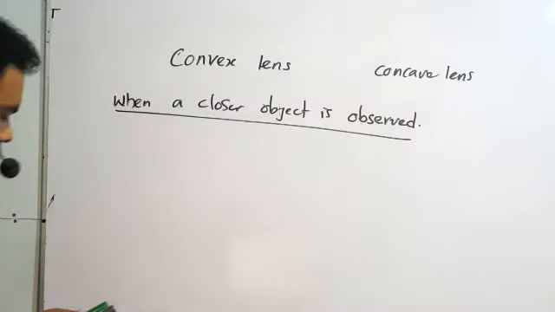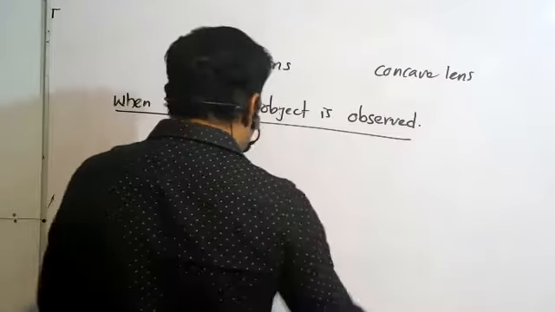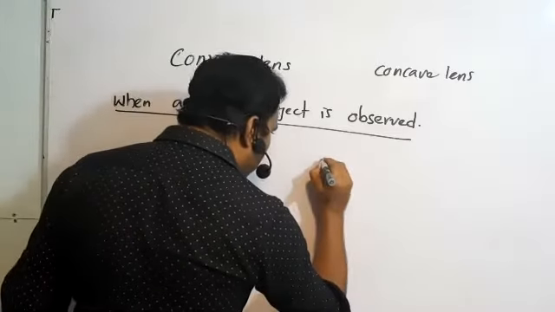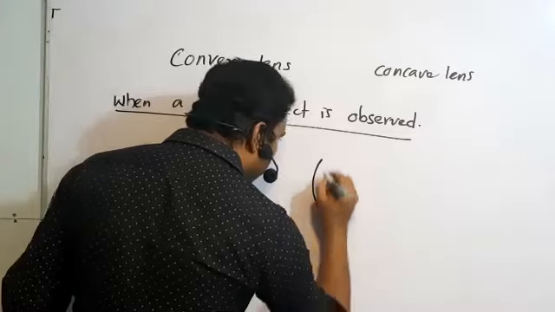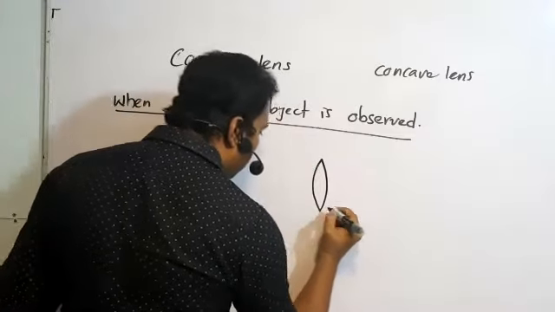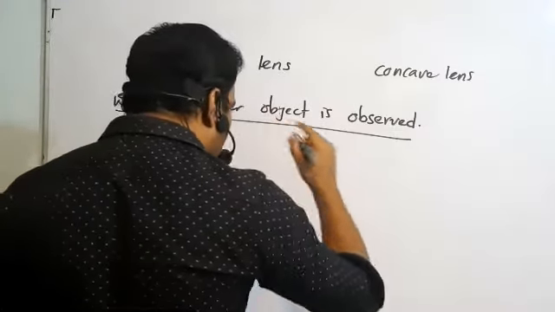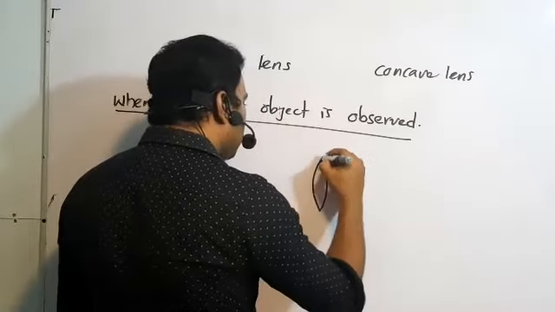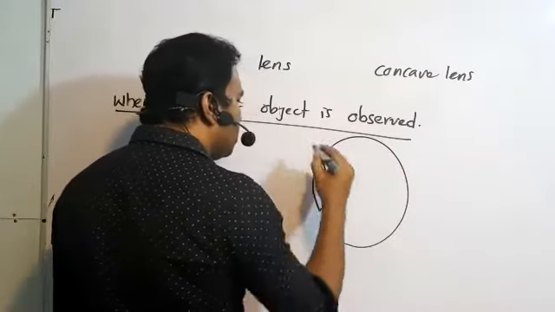When the eye is at the normal state, when we are observing objects situated far away, the ciliary muscles are relaxed.